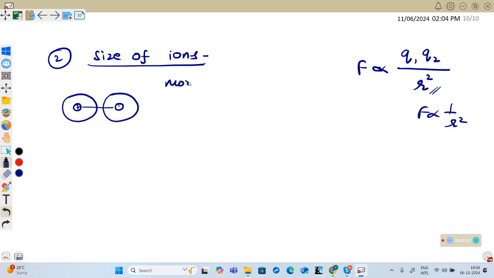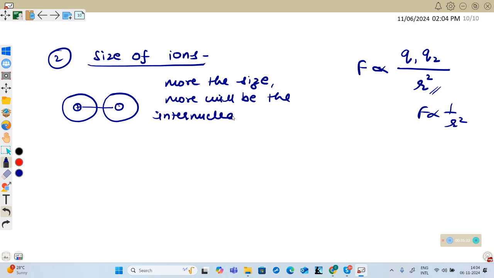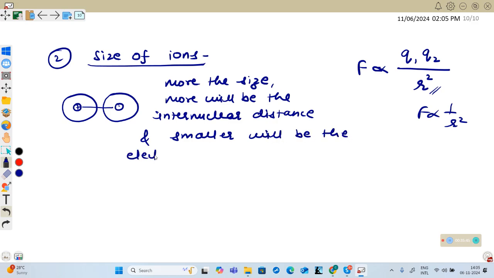So the more the size, the more will be the internuclear distance, and the smaller will be the electrostatic force of attraction.